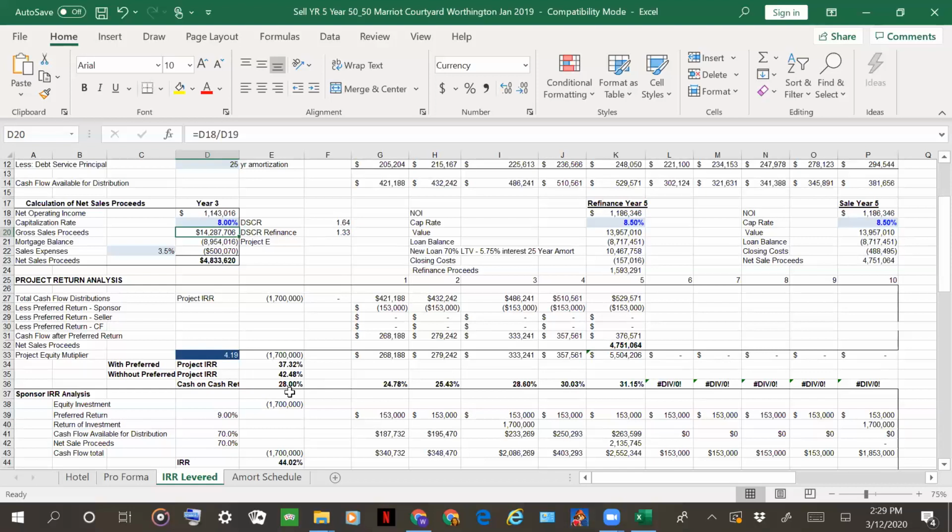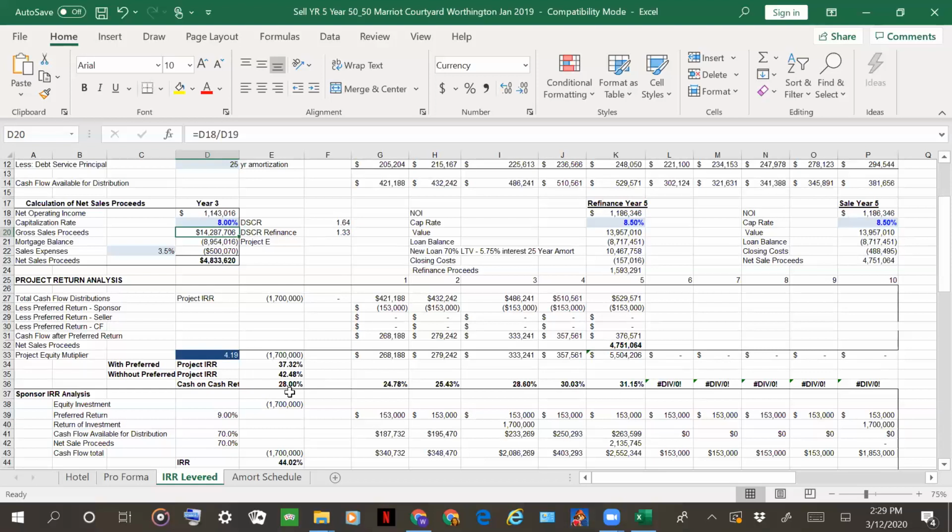That's an amazing deal. First of all, something that hits 28%, you jump on it, because most people are only looking for 12, 14, but this is the kind of deal we do. So what is a projected IRR of 42%?